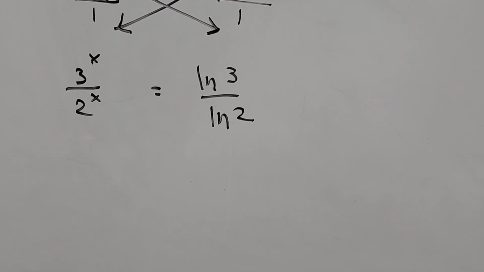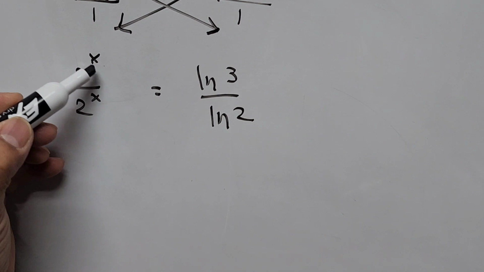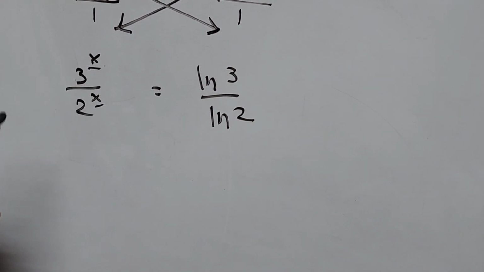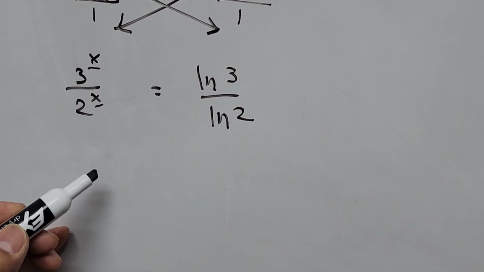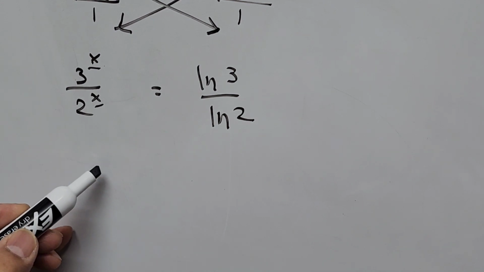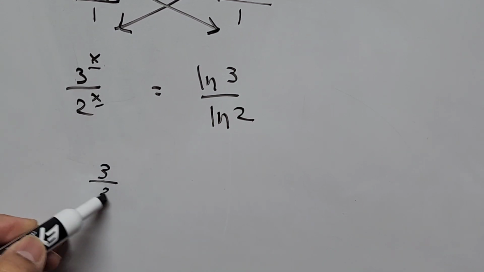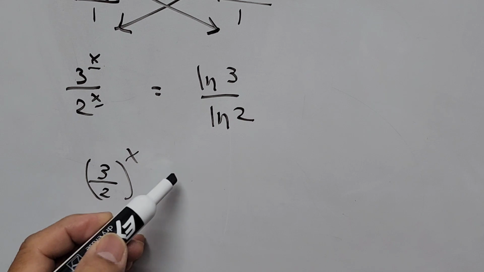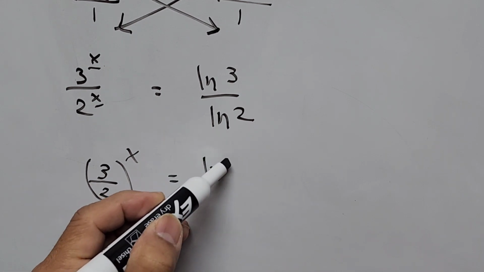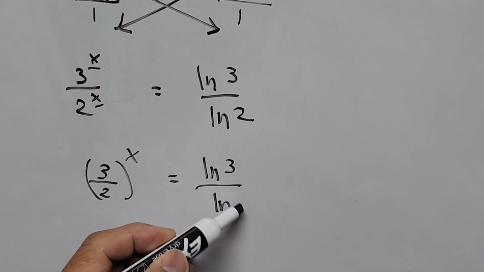If you notice, on the left side of the equation, they both have the same exponent, variable x. So we can now combine the numerator and the denominator. This is now 3 divided by 2, to the power of x, equals ln of 3 divided by ln of 2.